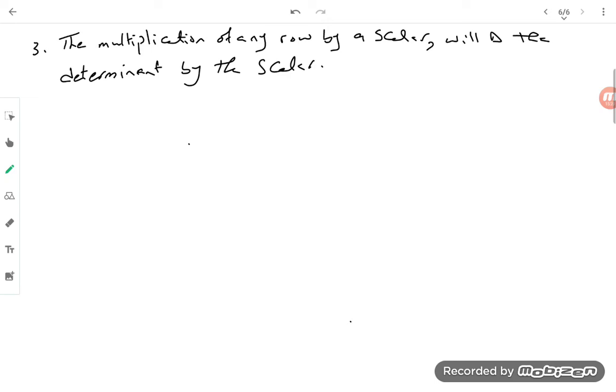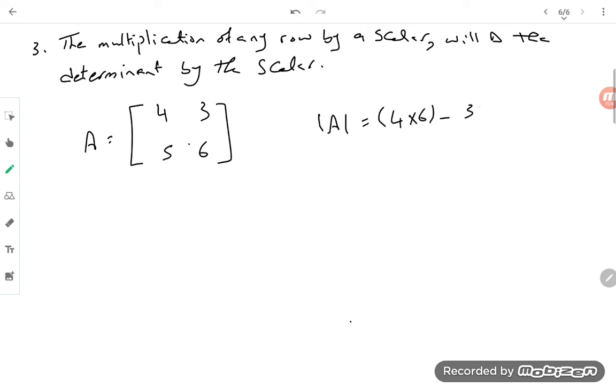Example: this is the matrix A and you would like to find the determinant. It will be 4 multiplied by 6 minus 3 multiplied by 5. It will be 9. Now let's multiply by a scalar which is 2, for example.